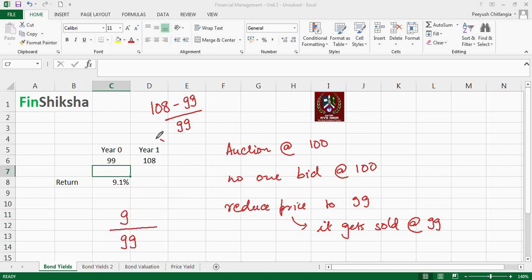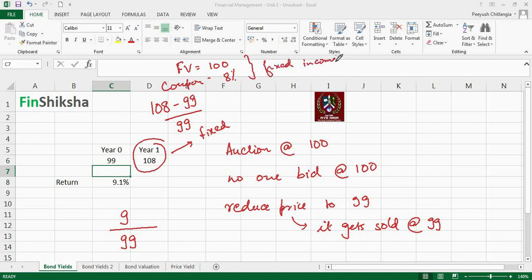Why? Because 108 is fixed. Why is it fixed? Because the face value is rupees 100 and the coupon is 8%, and both of these are fixed. That's why it is called a fixed income security.